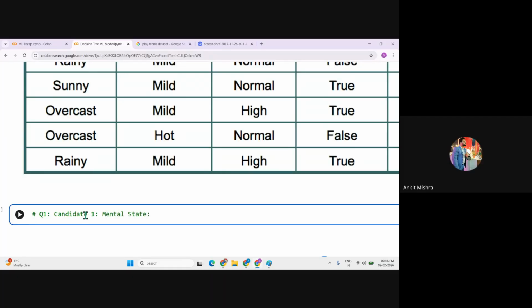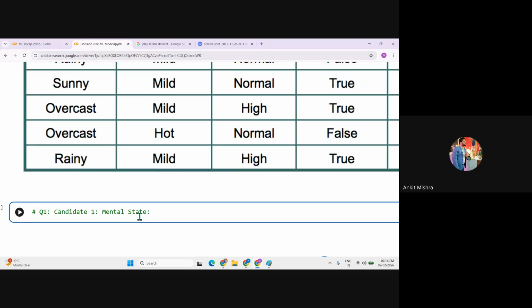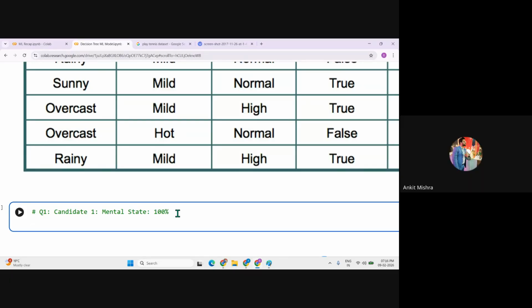If I am referring to the mental state as one, it means 100, it means a good mental state, okay? So candidate one has 100% mental state, right? You just need to let me know which candidate you prefer for a PM candidature, right?